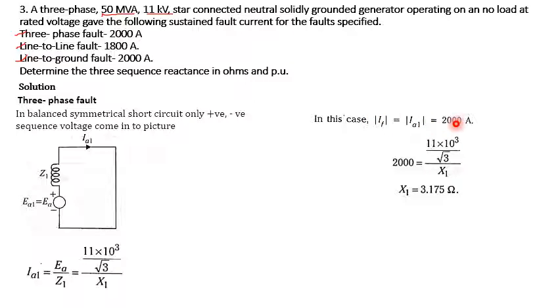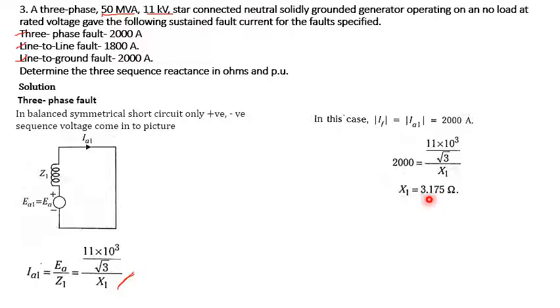IA1 is equal to what? 2000. Substitute this: IA1 is 2000, which is 11 into 10 to the power of 3 divided by root 3 divided by x1. Because IF is equal to 2000, substitute these values in this equation, so that is going to be 2000 equals 11 into 10 to the power of 3 divided by root 3 divided by x1.